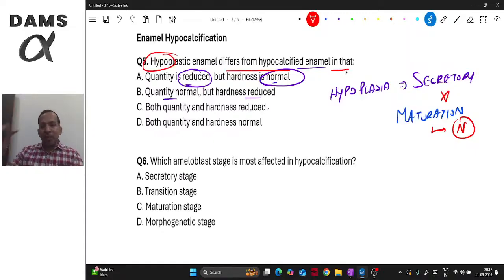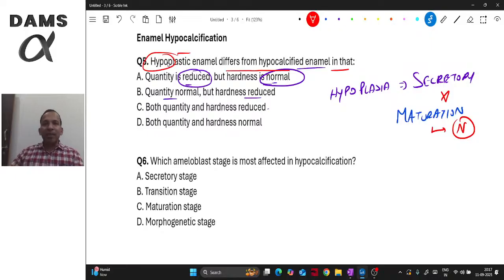Your answer might be correct based on what you are thinking. So maybe SR and Prachi are thinking that they need to talk about hypocalcification where the quantity is normal but the hardness is reduced. But in fact, the question is talking about hypoplasia. Since the language is a bit confusing, we need to focus on the language and understand what the question is trying to ask. So here the question is asking about hypoplasia and not hypocalcification.